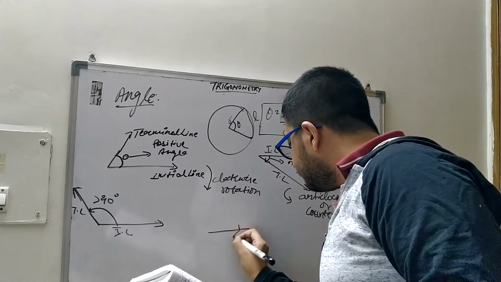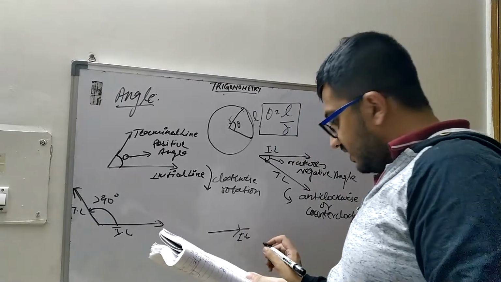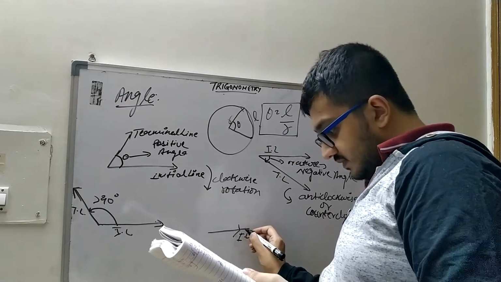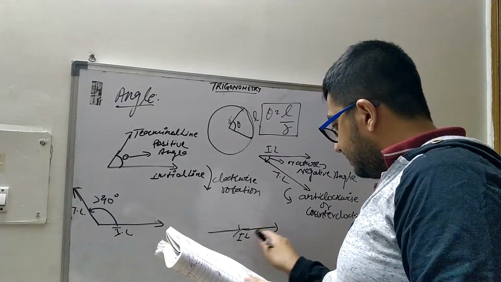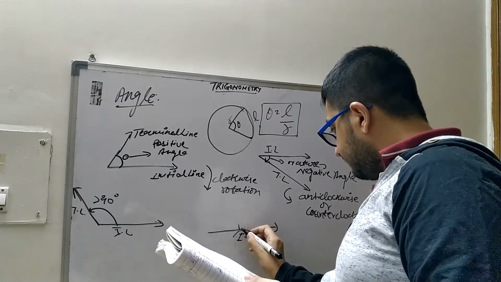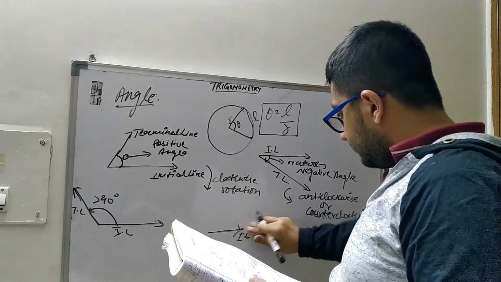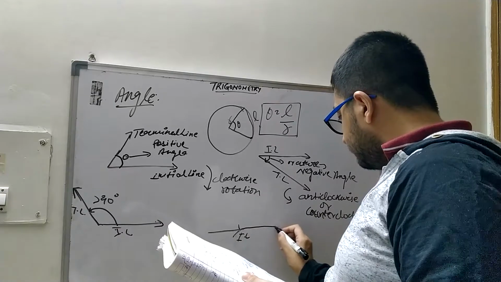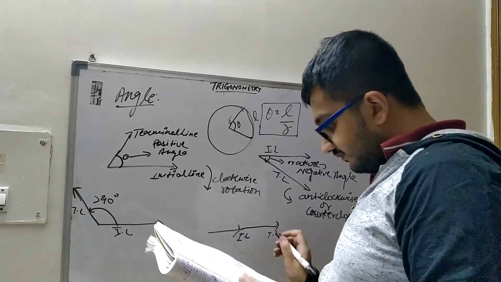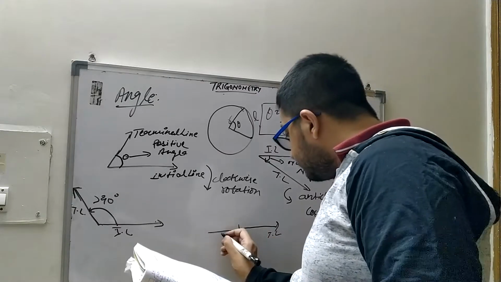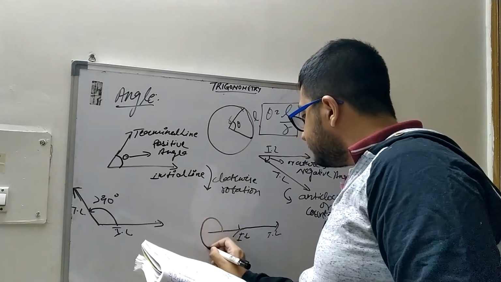This is the initial point, initial line here, and we start from here and we end at this terminal line here. So here the angle will rotate 360 degrees.